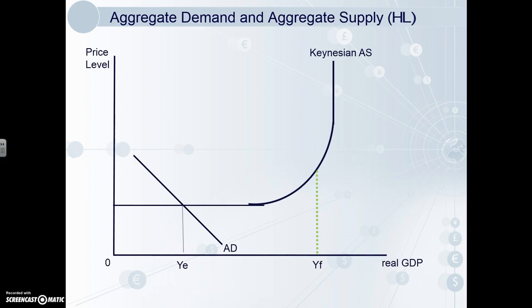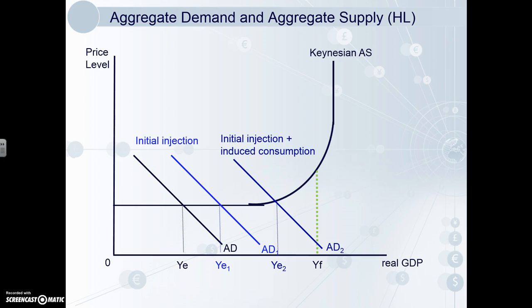Now let's take a quick look at how this looks on an ADAS diagram. As we're looking at the Keynesian multiplier, guess what? We're going to use the Keynesian ADAS model. The first increase in AD to AD1 is the initial injection of $10 million. AD2, however, is where AD will actually arrive, as this includes the initial injection of $10 million, plus the induced consumption of $23.33 million.